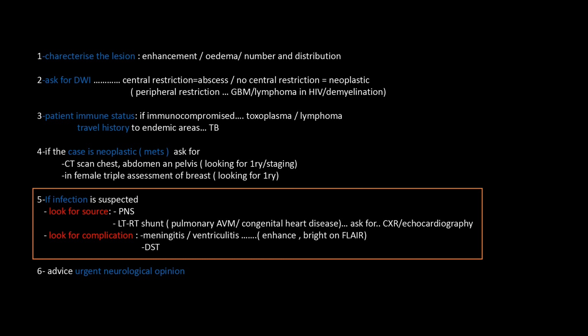So you have to ask for any available chest X-ray, and you can advise echocardiography. Look for complications of the abscess, like meningitis and ventriculitis, which will appear bright on FLAIR, and also look for dural sinus thrombosis.